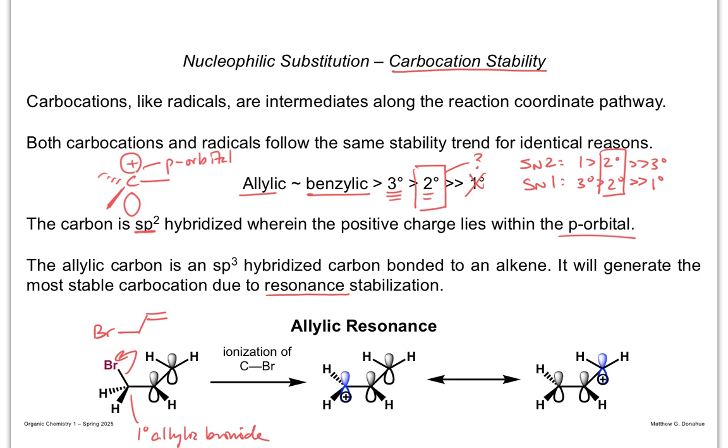So if we number these, 1, 2, and 3, the electrons move over. We see the plus charge primarily resides at the 1 and the 3 positions. So the fact that it's stabilized helps it ionize easier.